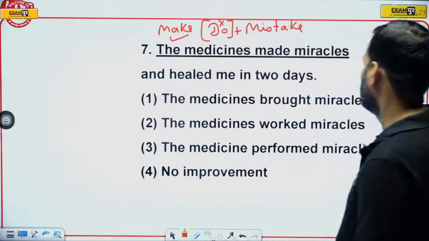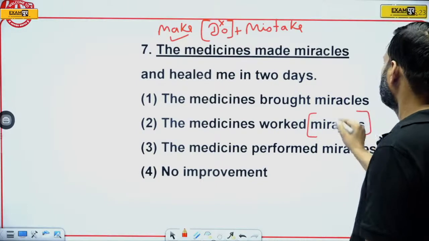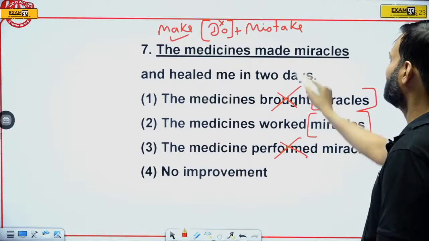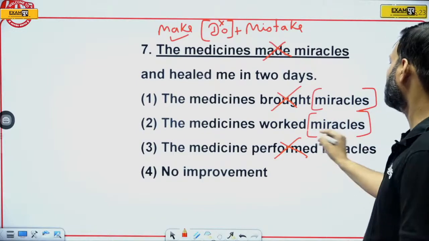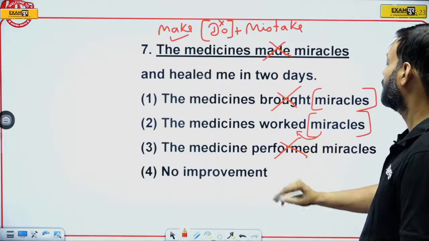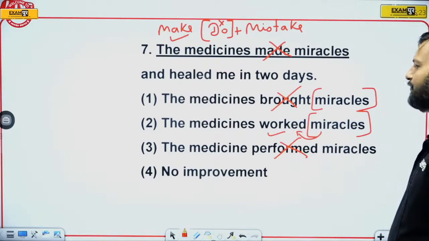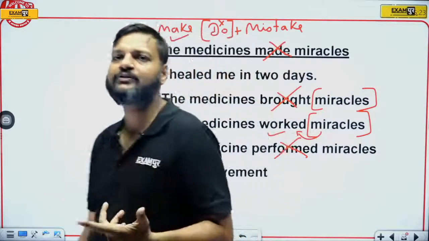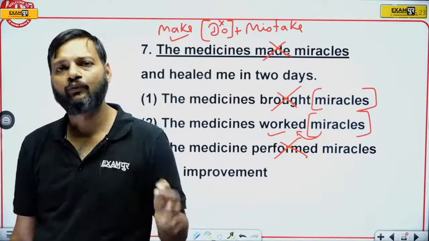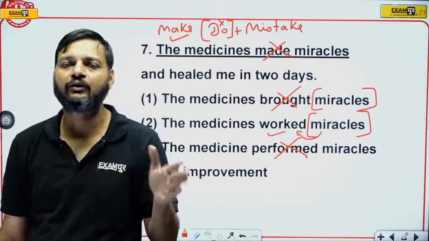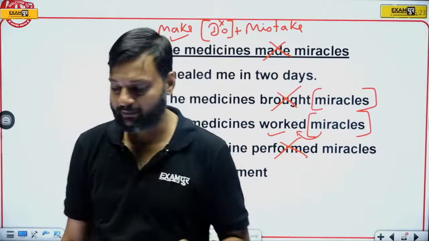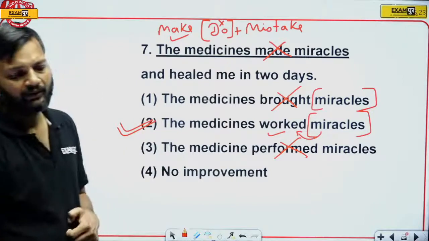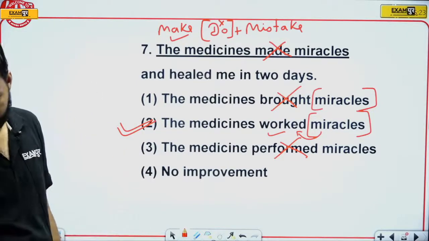With miracles we do not use bought, perform, or made. With miracles the right combination is worked. The medicines worked miracles. So here the second option is the right answer. This is a combination, worked miracles.